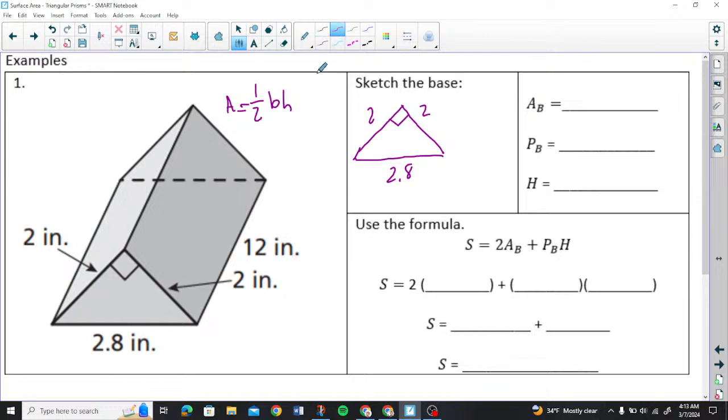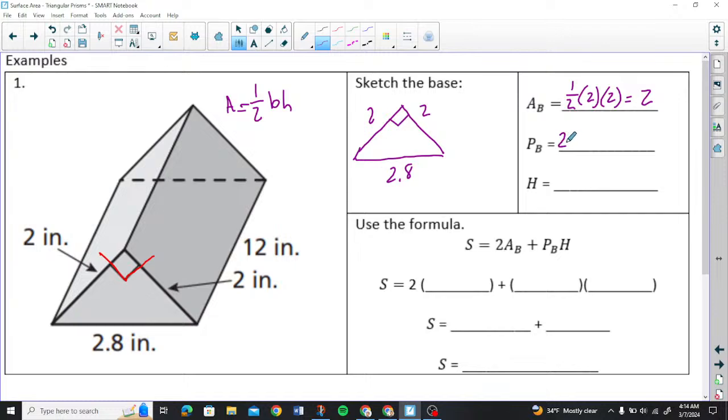To know the base and the height, when we look at the right angle that's given in the problem, the two sides that this right angle intersects are the base and the height. So we have 1/2, our base of 2, and our height of 2. And so 2 times 2 is 4, times 1/2 is 2. So the area of that triangle is 2.